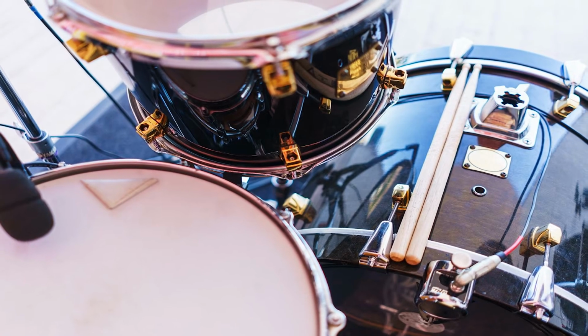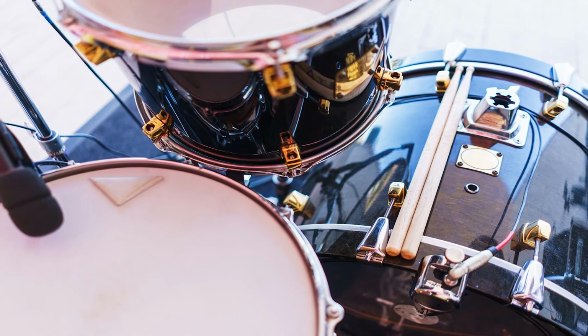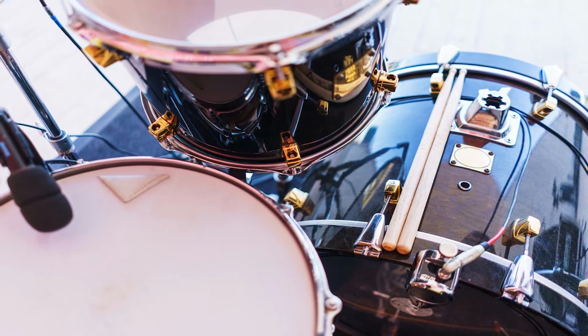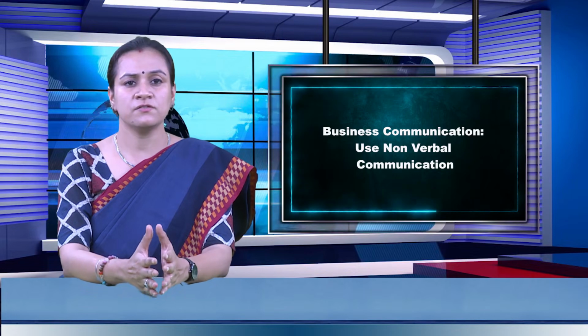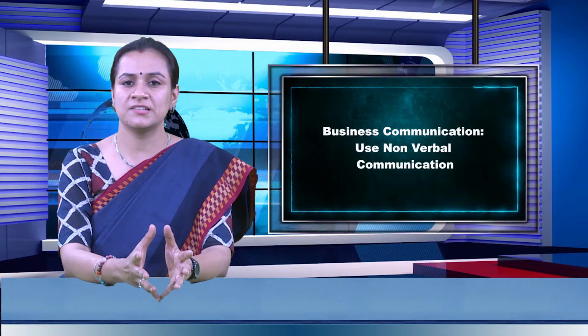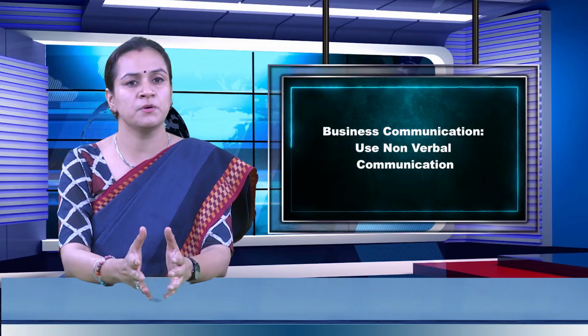Closely allied to drum beats so far as volume is concerned are the alarm signals. There are various kinds of alarm signals: fire alarms, accident or casualty alarms, air raid or assault alarms, VIP motor parade alarms, machine breakdown alarms and so on. Various kinds of sirens, hooters, whistles, etc. are used for these purposes.